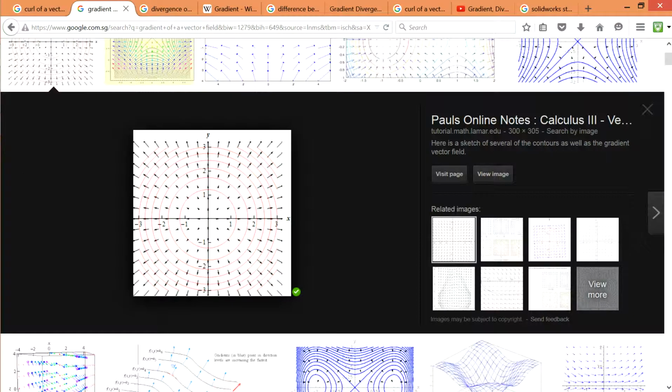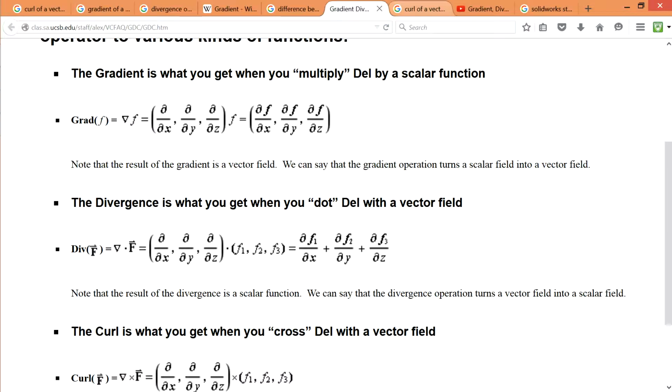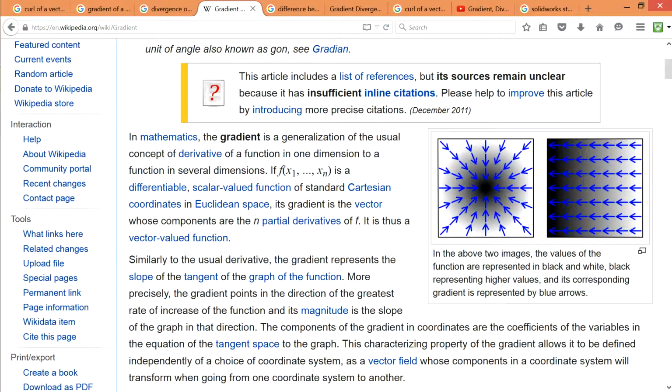Similarly, the gradient gives us an understanding of the values, on the higher side. In the above two images, the values of the function are represented in black and white. The black represents higher values, while the white color represents lower values.